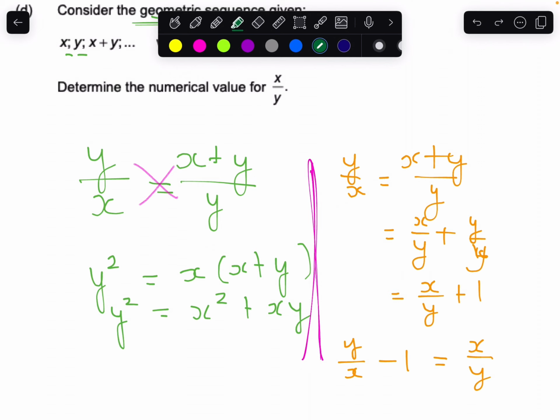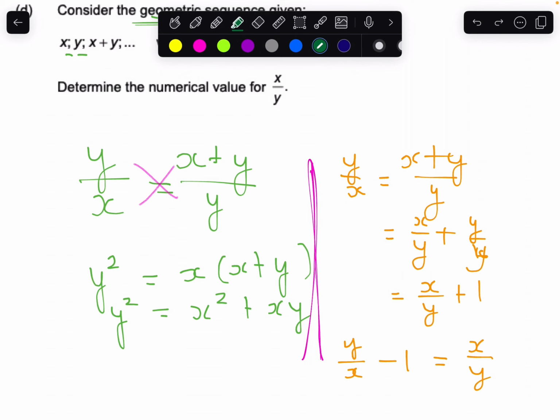Okay, so let's see. y over x minus 1 is equal to x over y. So why can I not figure this out? Oh, but y over x is the r.